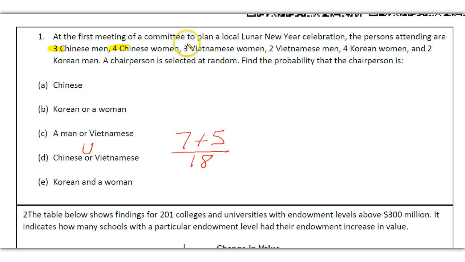And then from Vietnamese, we have 3 women and 2 men, that's 5. But since there is no intersection, this will give us 12 out of 18. And we can take a 6 out of each one and get 2 out of 3.